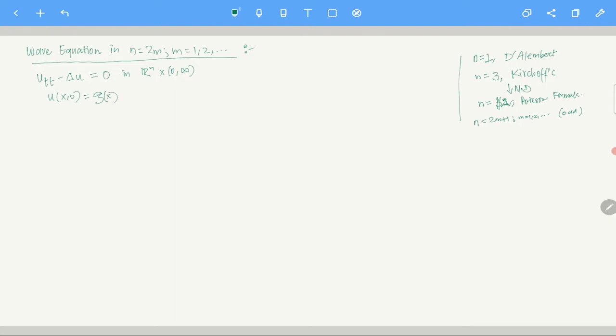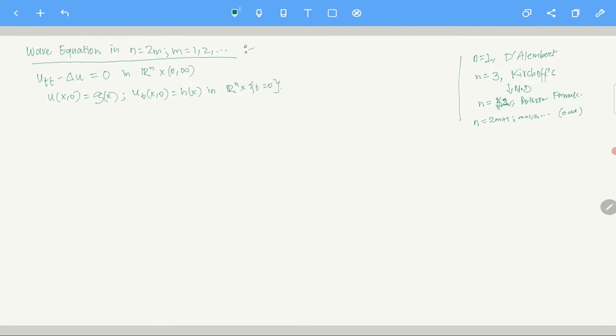Again only the homogeneous problem. And u_t at the point (x, 0) is given by h of x, in R^n cross t equals 0.